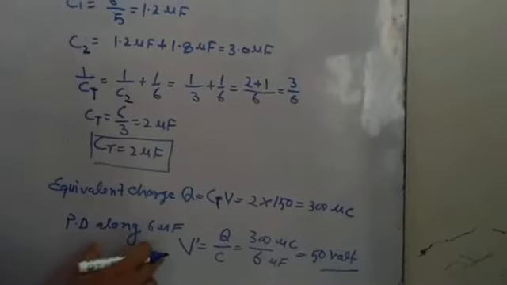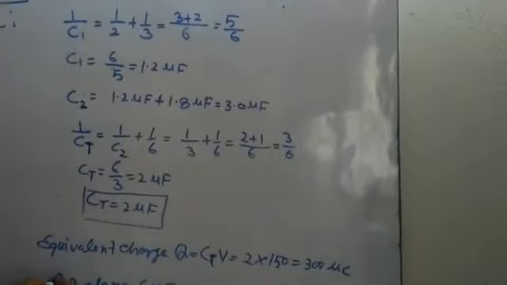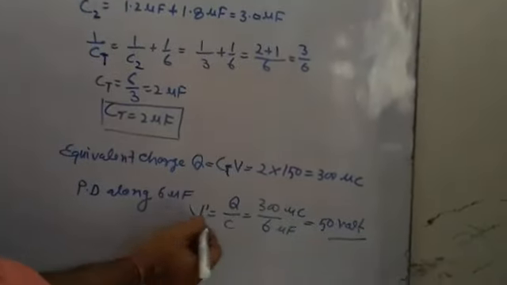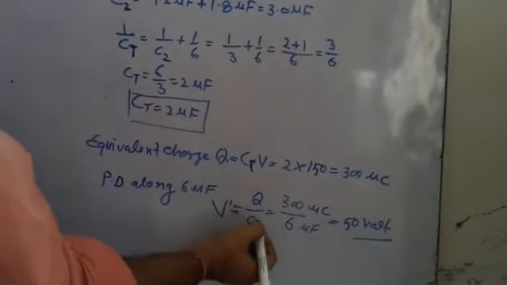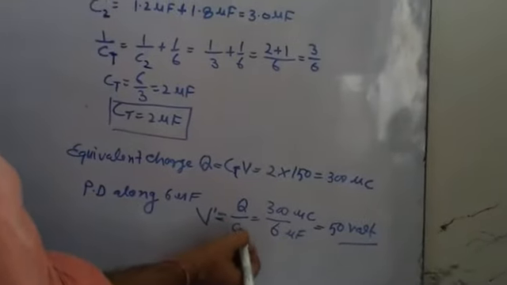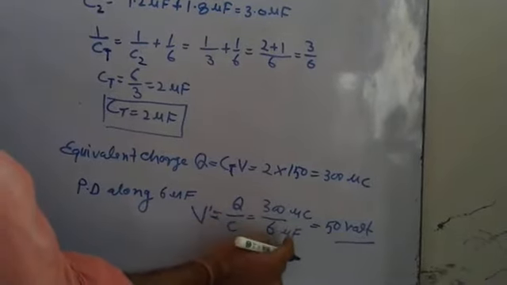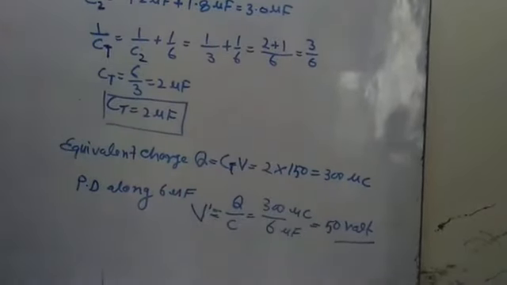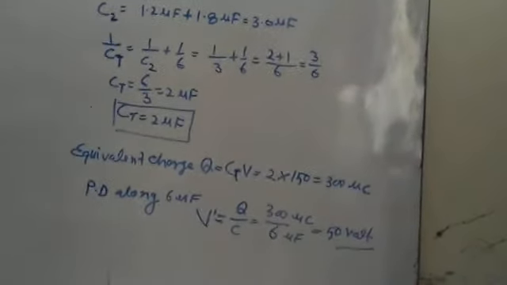Therefore, the potential difference between the plates of the 6 microfarad, V dash equals Q upon C. C means 6 microfarad, 300 upon 6 microfarad, 50 volt. This is the answer of the second question.